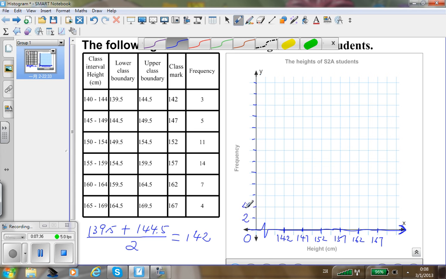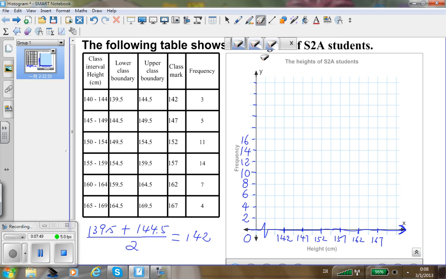Therefore 2, 4, 6, 8, 10, 12, 14, and then we add up to 16 like that. And then we don't need this part. Of course, in your case, if you have graph paper, you should make use of the ruler to draw the vertical axis like that.